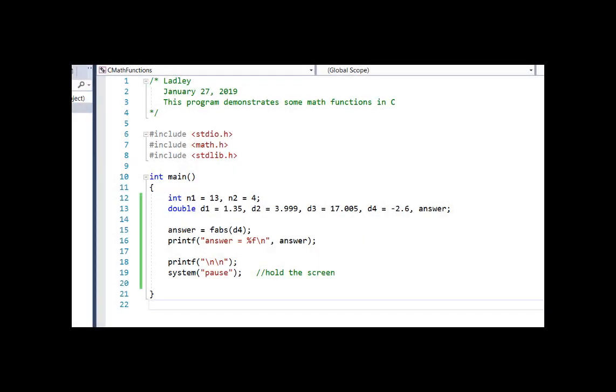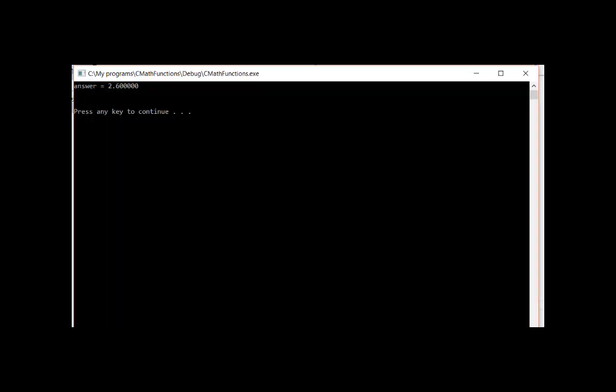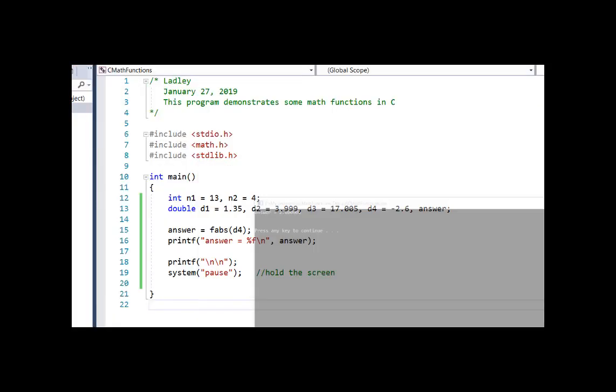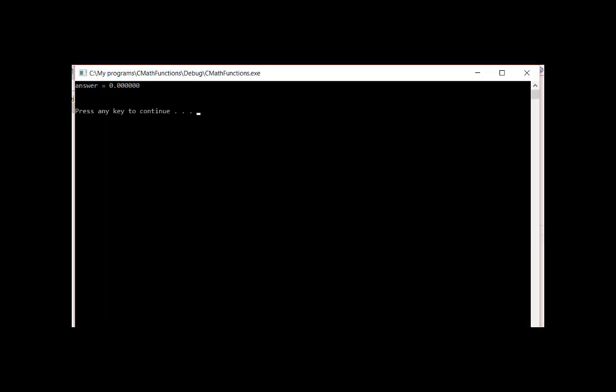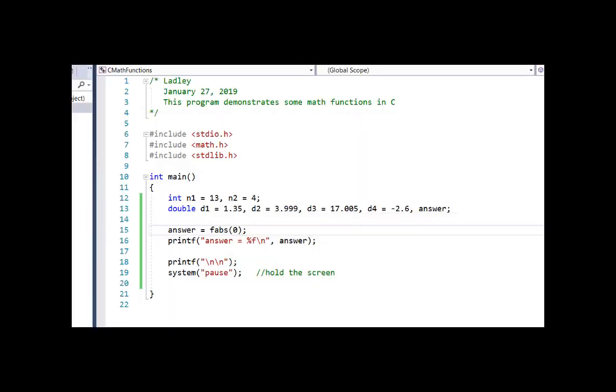On the other hand, if I use a negative value as the argument, like D4, I get a positive value because negative 2.6 is 2.6 units from 0. And if I send 0 to the function, I get back 0 because 0 is 0 units from 0. Well, that makes sense. Let's keep going to the next function.